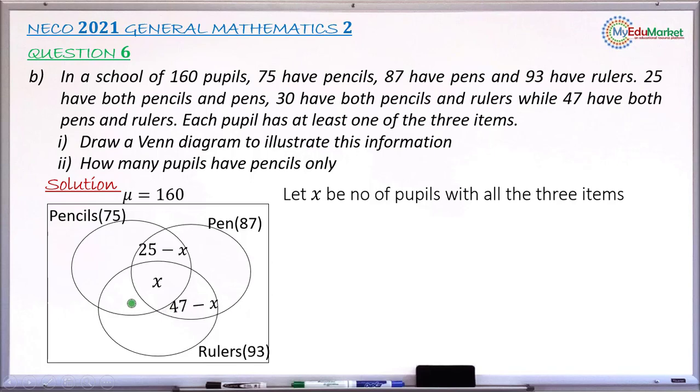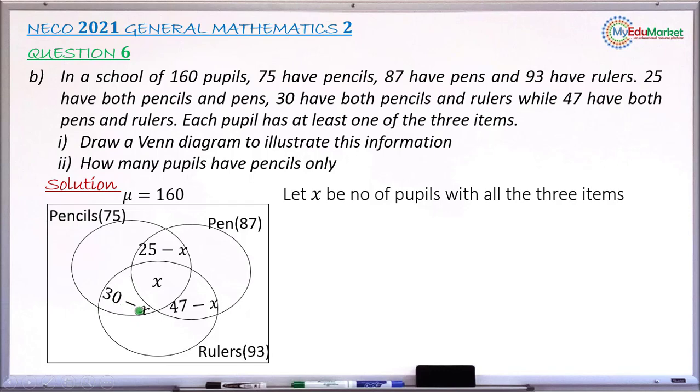I'll move to the next. Next is those that have pencils and rulers only. In the question it says 30 of them have pencils and rulers, but this X is inside the 30, so I remove this X from 30. That will give the answer for those with pencils and rulers only.